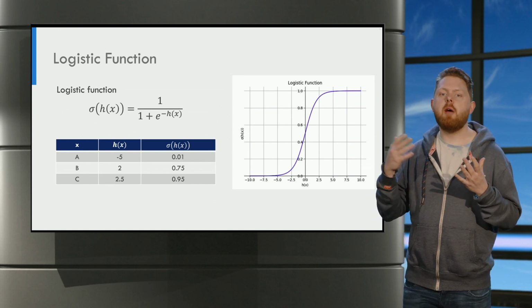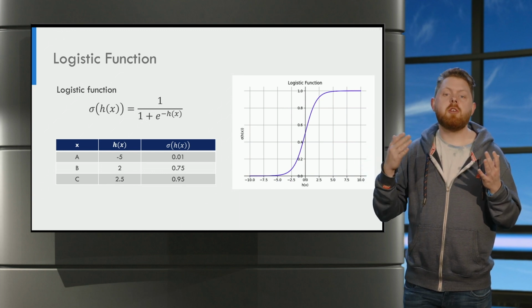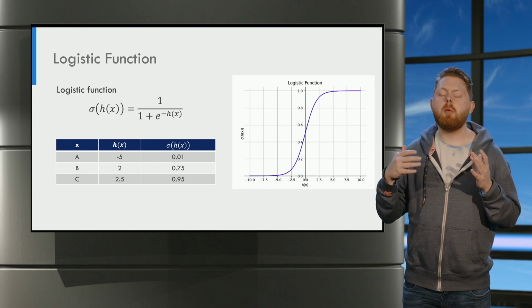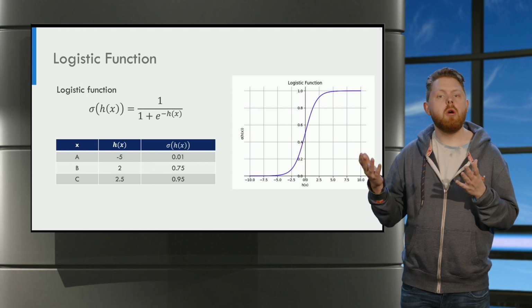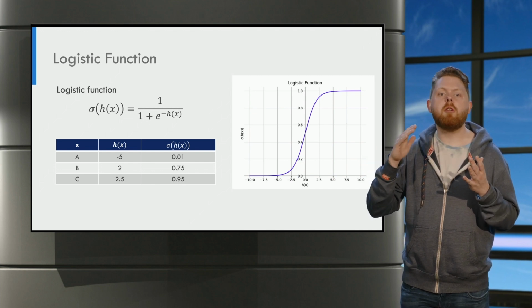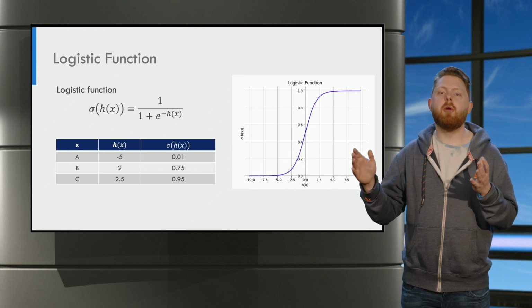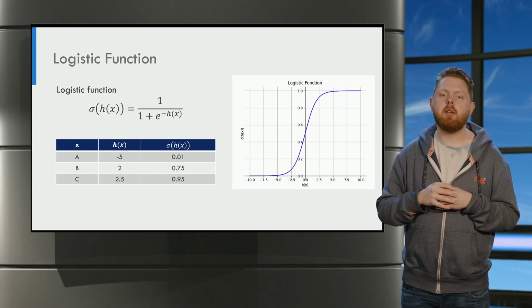Let's look at some examples in the table. Say our linear model predicts -5. Then this translates to a probability of 1%. If we take 2, we get a probability of around 75%. And if we take 2.5, we end up with a probability of 95%.